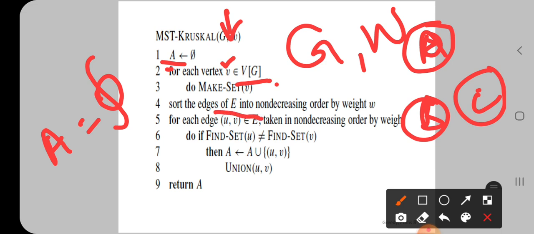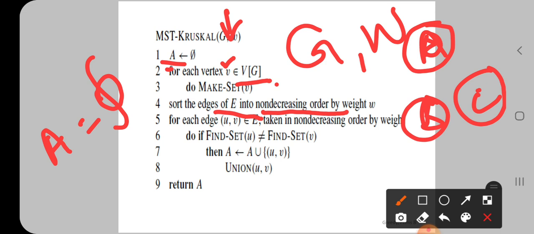Then sort the edges of E. We sort all the edges in non-decreasing order by weight W. So based on the weight, we arrange all the edges in non-decreasing order, which means increasing order.